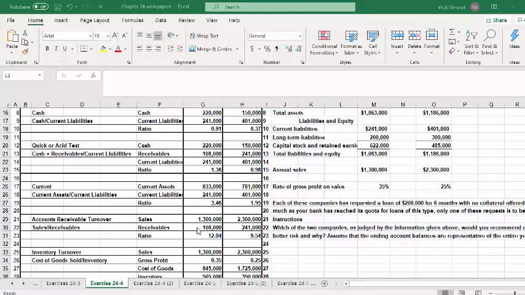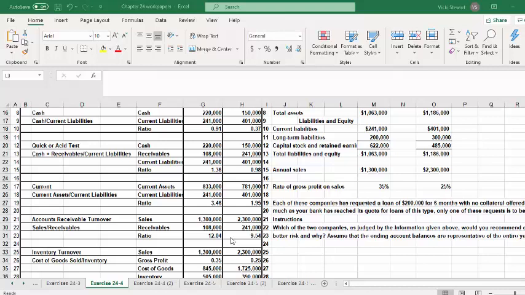The problem said that their ending account balances were representative of the entire year. Normally we would take beginning receivables and ending receivables and divide it by 2 to get an average. But if the 108,000 and 241,000 are representative for the whole year, then it's fine to just use that ending balance.